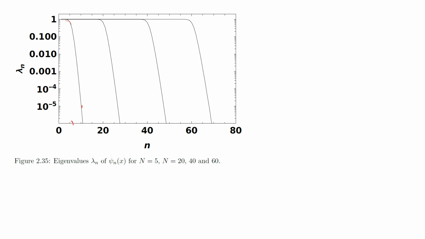The number of eigenfunctions we get before the eigenvalue begins to fall goes out to about 20. We go to 40, it goes out to 40, go to 60, and so on. So as we make the Shannon number larger and larger, the number of functions that will have basically unity eigenvalues is equal to the Shannon number.